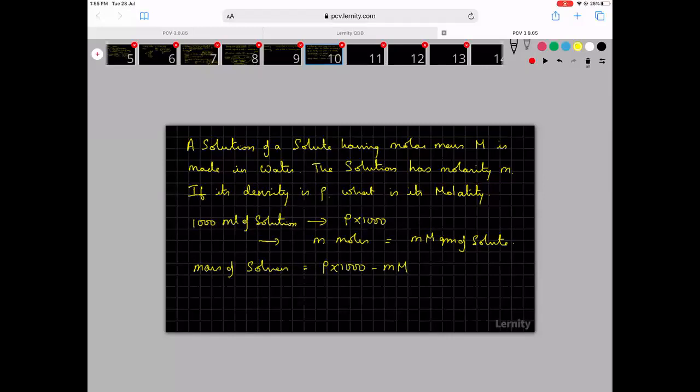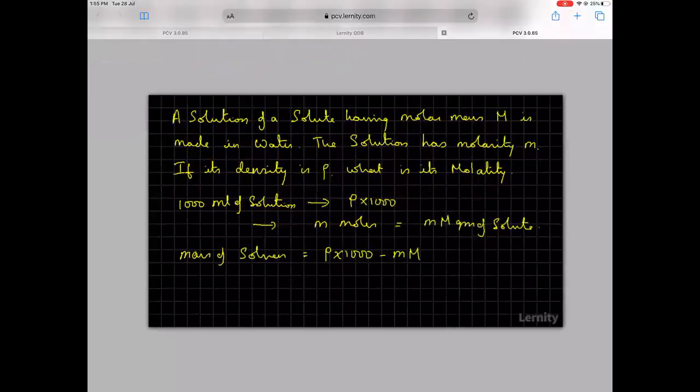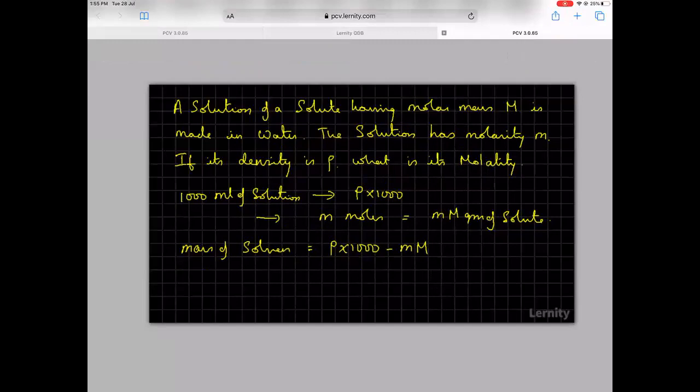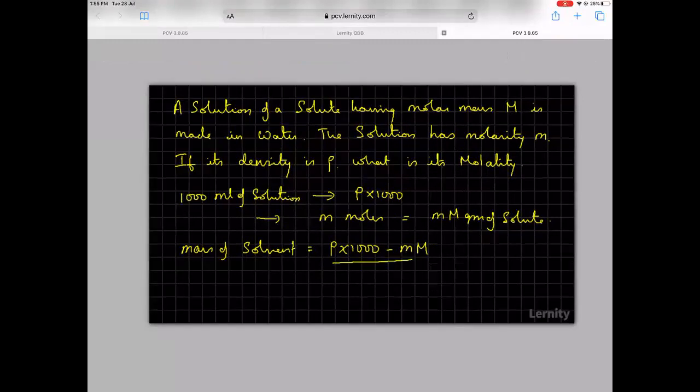So in so many grams of solvent we have m moles. So in 1000 grams of solvent we have m divided by density into 1000 minus small m into molar mass, into 1000. So this gives you the molality.